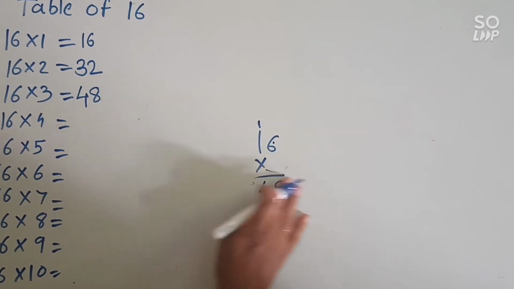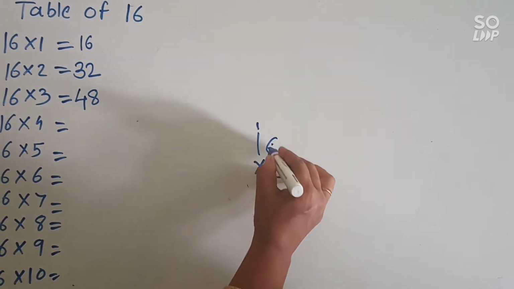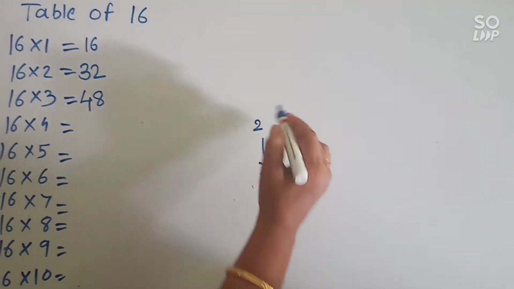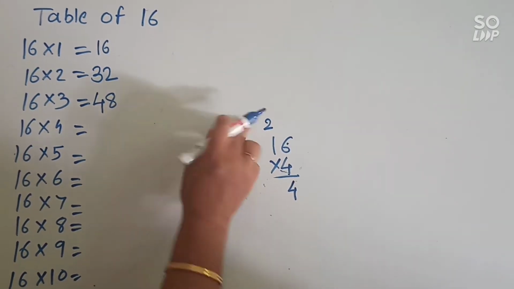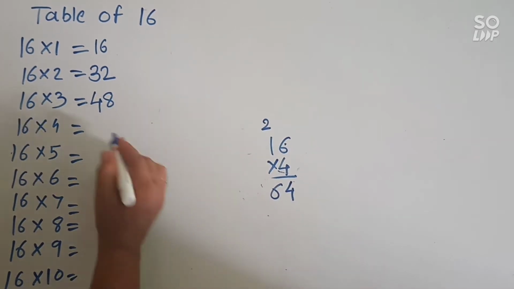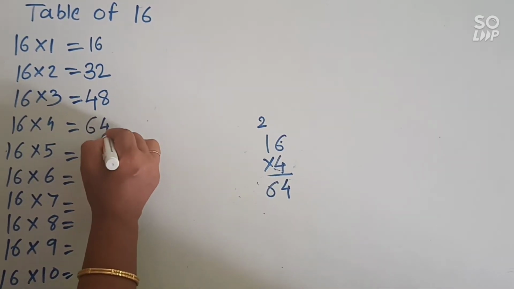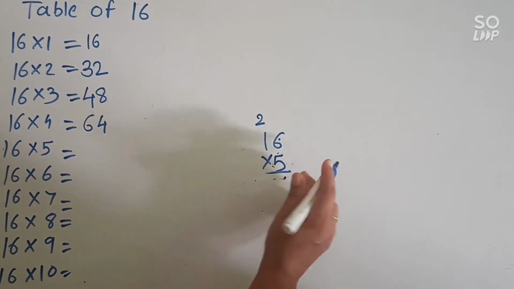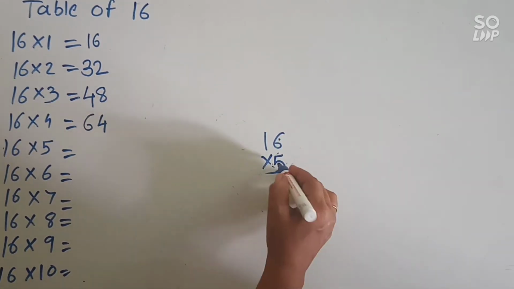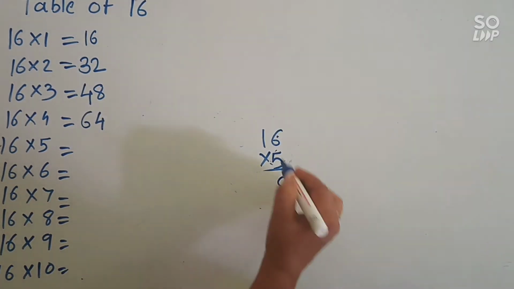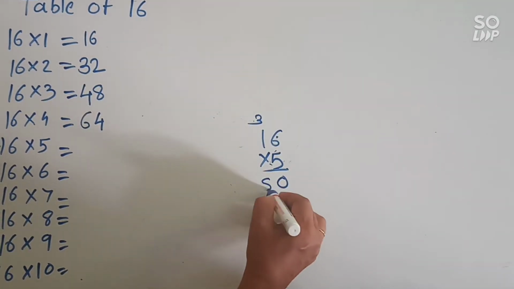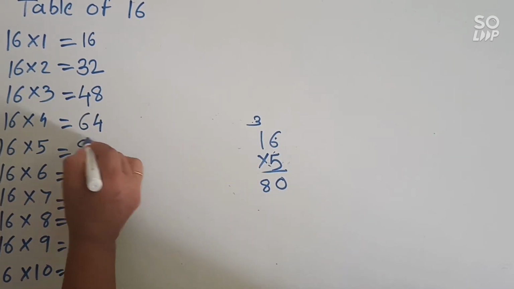Then 16 fours are 4 sixes are 24, 2 carry over, 4 ones are 4 plus 2 is 6, means 16 fours are 64. Okay, 16 fives are 5 sixes are 30, 0 here, 3 carry over, 5 ones are 5 plus 3 is 8, means 16 fives are 80.